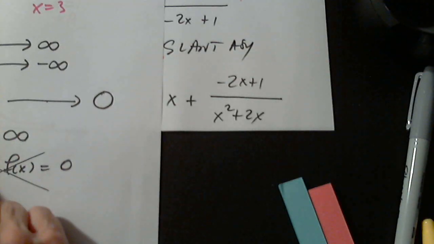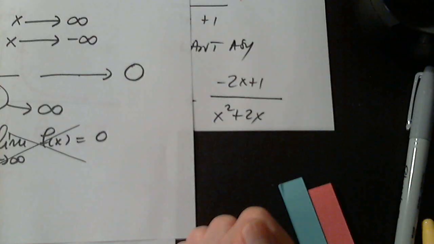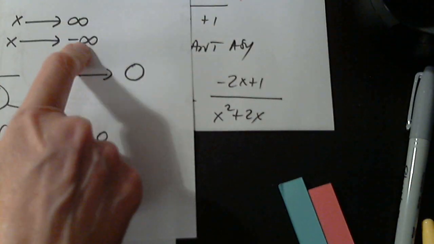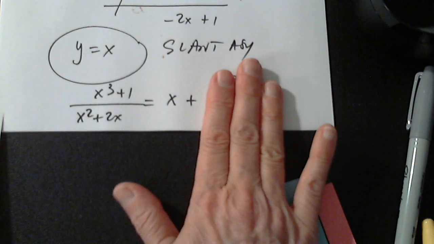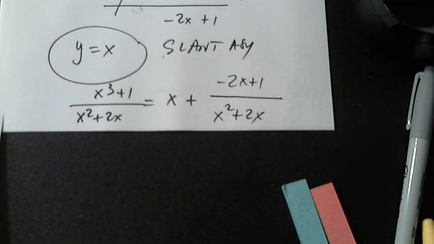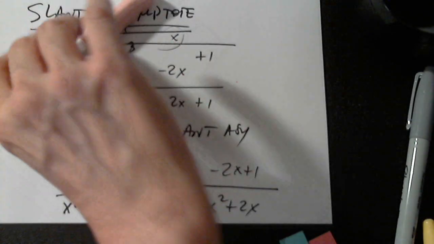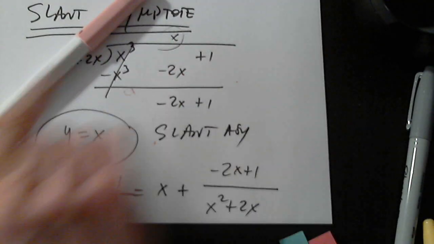For the same reason, because the degree in the denominator is bigger than the degree in the numerator. At infinities, this will approach 0. That's why it's disregarded. So this is the slant asymptote. So the slant asymptote is this line, y equals x.